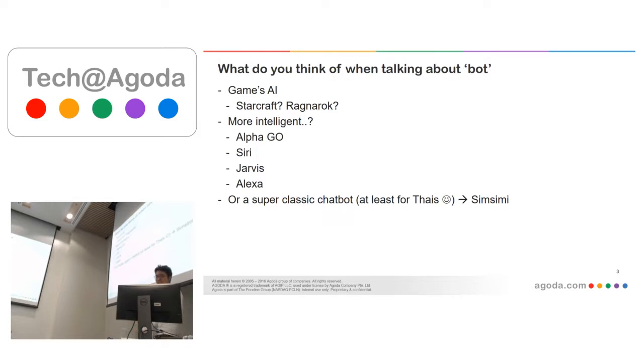Or something more intelligent, an AI that can play Go at the level of a world top pro player, or your personal assistant, Siri, Jarvis, or Amazon Alexa, or a super classic one that was very famous in Thailand a few years ago, SimSimi. I think it's just pattern matching: it matches some string and gives you a similar response. It's very funny, not very intelligent.